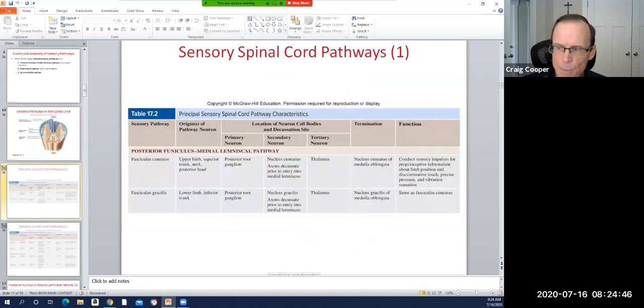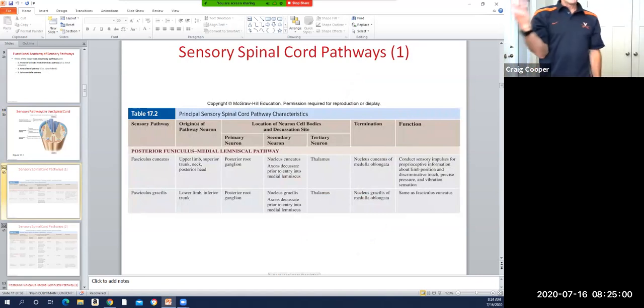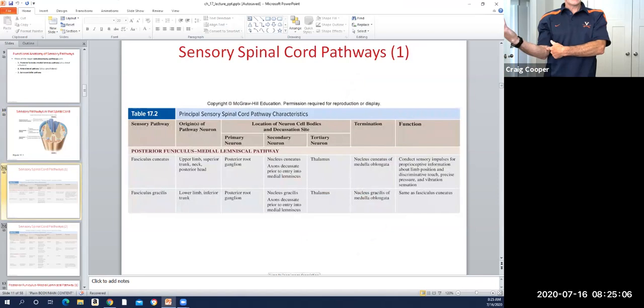So when we look at those dorsal columns, the 2 fasciculus ones, what we're receiving from that information is a little bit on limb position. So if I close my eyes and I bend my elbow, I'm receiving information that's telling me what kind of bend I have at that elbow. And if I'm working accurately, I can also match myself on the other side.